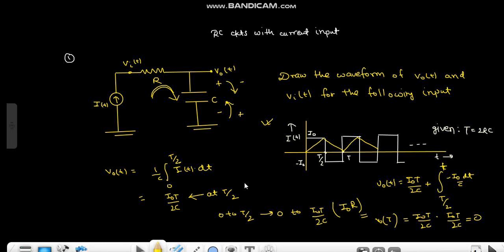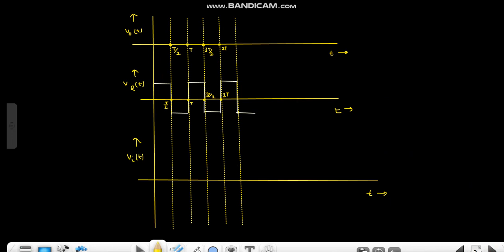This is the process, and what you can simply see is that we are simply integrating the waveform and dividing the magnitude by C. Simply integrate the input waveform and divide the magnitude by C. So here I will draw V0(t). This is I naught T by 2C or I naught R.